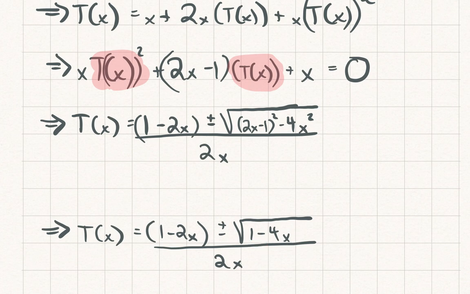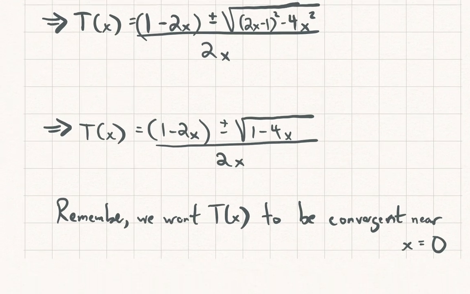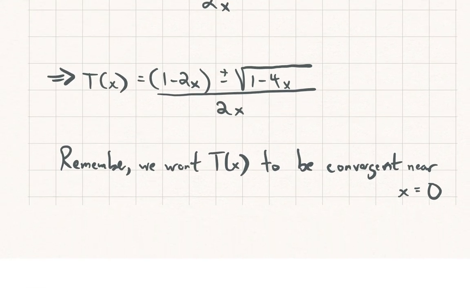So you can see here, because we're using the quadratic formula, we have a plus or minus. And obviously the generating function is only going to be one of these, so we have to determine which one. And if you remember, we want our generating functions to be convergent somewhere, near x equals 0. So let's take the limit as x goes to 0 when we have the plus and when we have the minus, and let's see what happens.